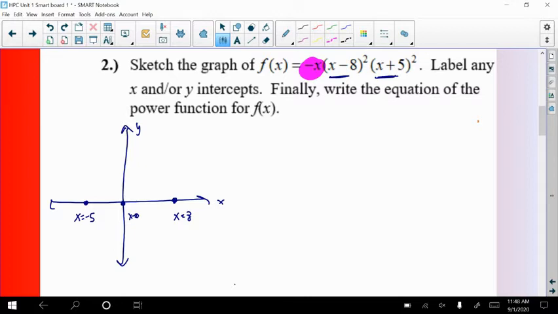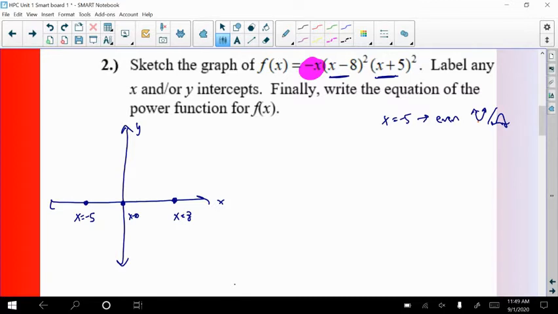So that's the local behavior. If you look at the multiplicity, I've got even, even, odd. At x equals -5, my multiplicity is even. Remember, the behavior of an even multiplicity is a parabola, either opening up or opening down.